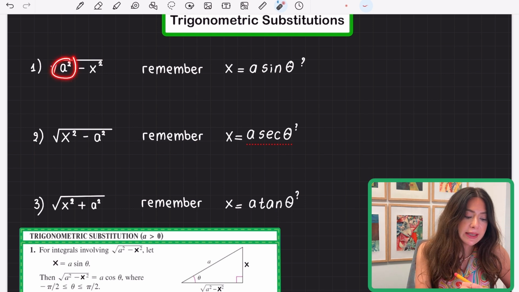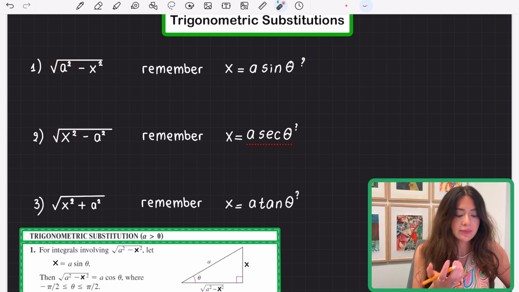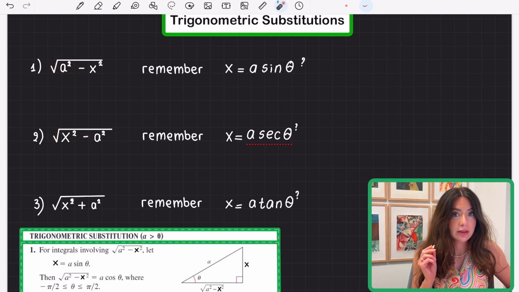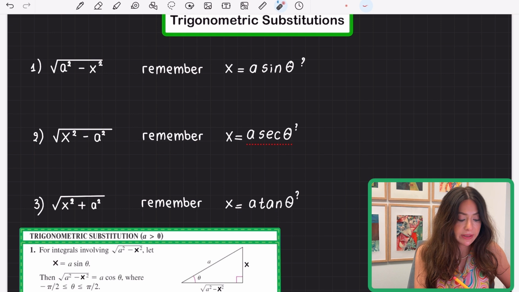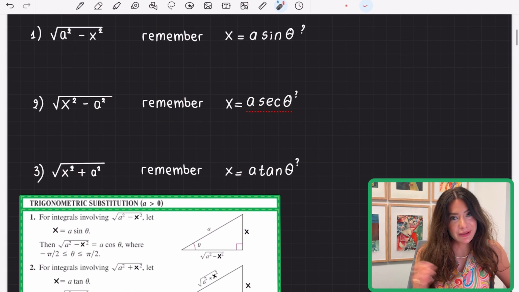So in these two cases, since there's a minus sign, what comes before has got to be the hypotenuse based on the Pythagorean theorem. Now in this case, this whole expression is the hypotenuse because no other side of the triangle except the hypotenuse equals the squares of the other two sides, right? So this has to be the hypotenuse.